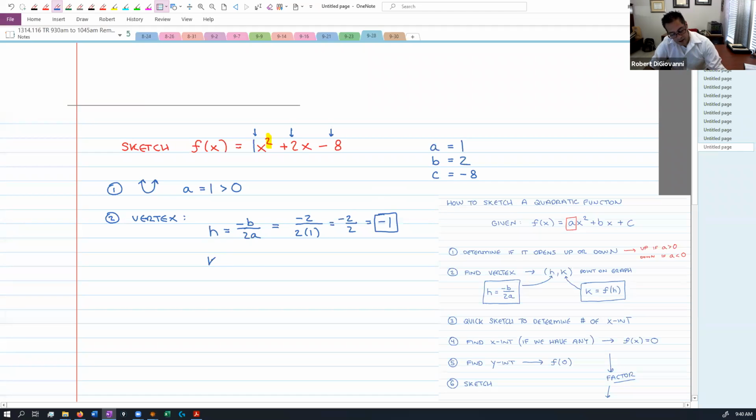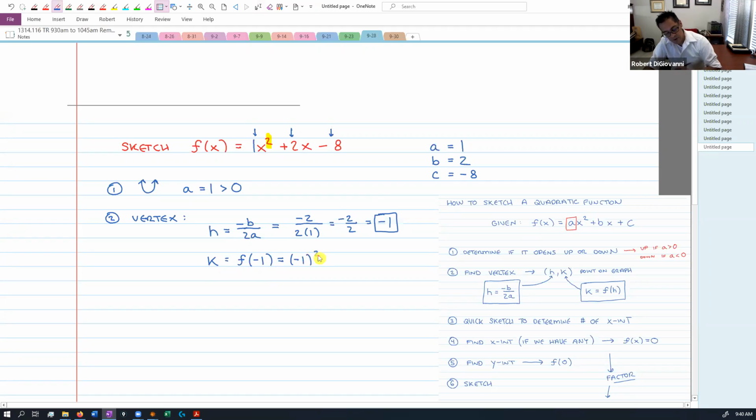Now, to get k, according to the formula here, what we need to do is we need to take the function and plug h into it. So we need to take the function and plug the answer we just got into this function. That means replace all the x's with -1s. So be careful here because you're going to put -1 and you're going to square it first.